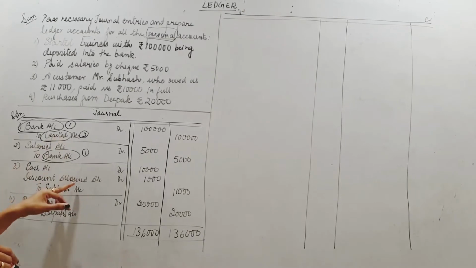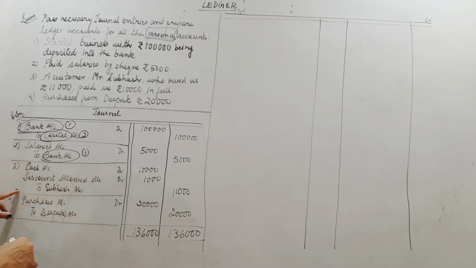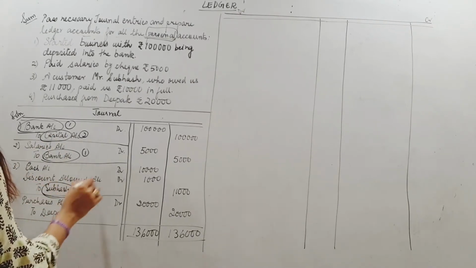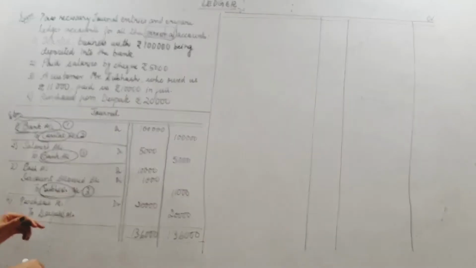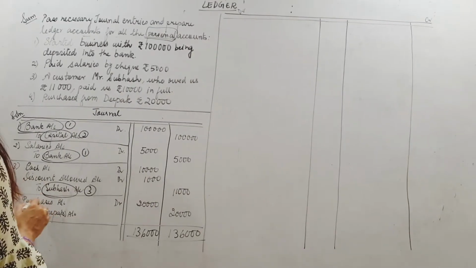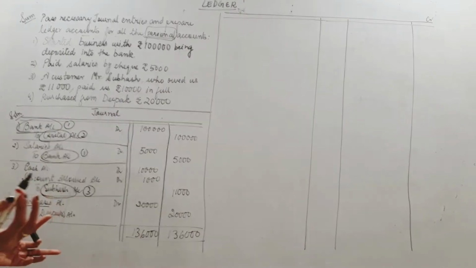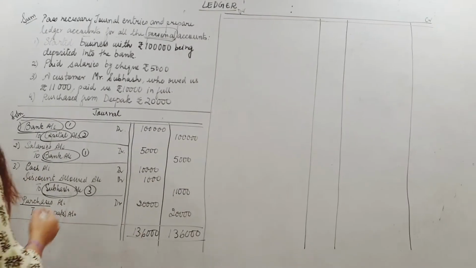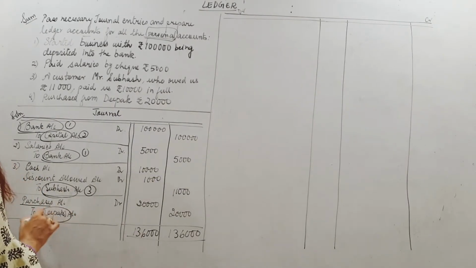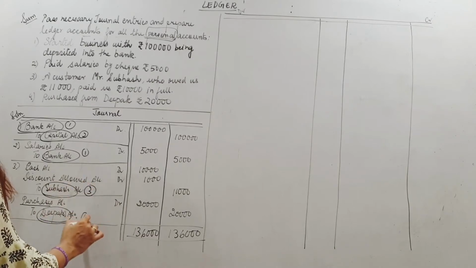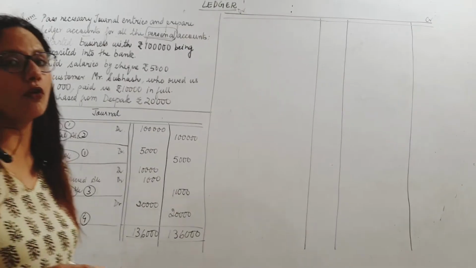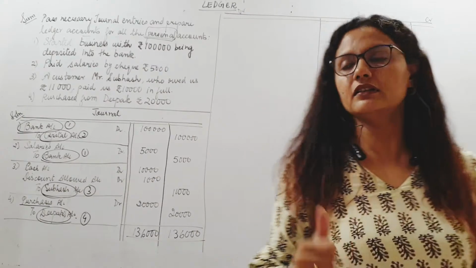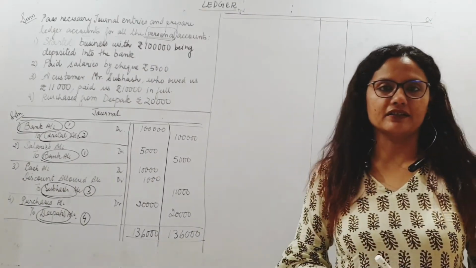Discount allowed, a nominal account, expense. Subhash, yes, Subhash is a real person, so third account will be for him. He was my debtor. And purchases is a nominal account, an expense. So no, we are not opening that account. Deepak's account. Yes, Deepak again is my creditor. So I will open 4 accounts: bank, capital, Subhash and Deepak.